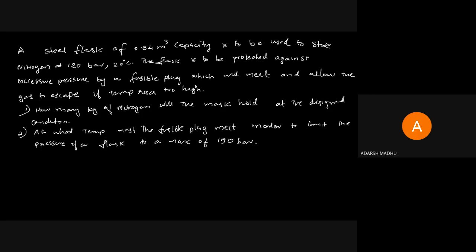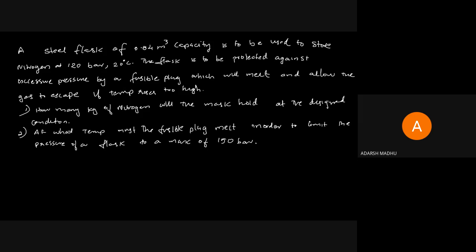In the same equation, you can use the second condition that pressure is 150 bar, and the mass you found in the first part can be used below. Then with mass, pressure and volume, you want to find the temperature for the fusible plug. The only equation we are using is PV equal to MRT.